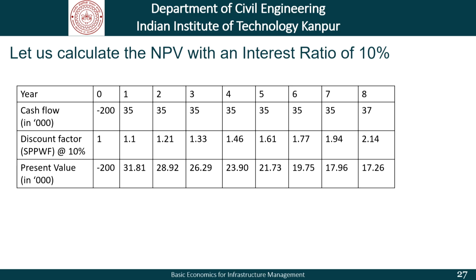So, what we need to do is to copy this part of the table here and just make a note of these factors, which is nothing but the discount factors that we talked about a couple of slides earlier. So, basically what is being done is that this 35, what is the present value of that 35? Now, since it is year 1, the value is 31.81.